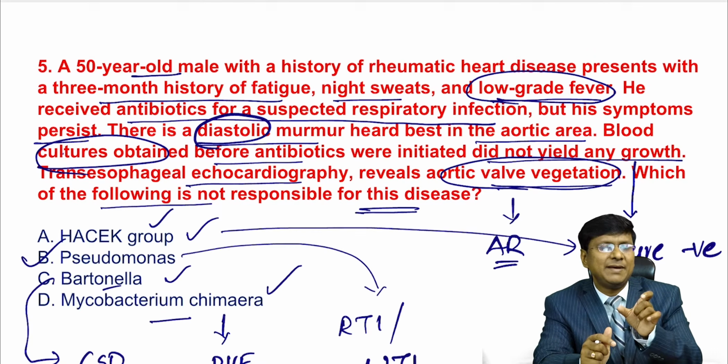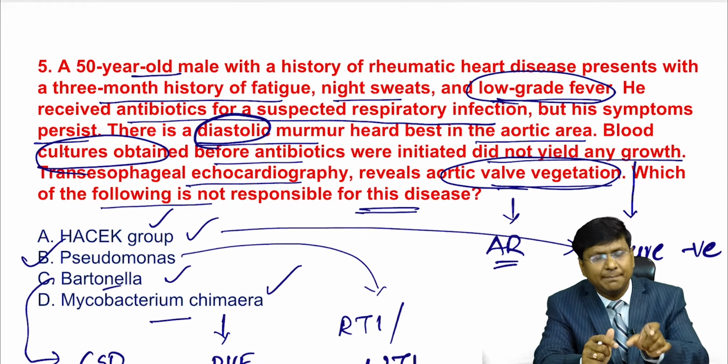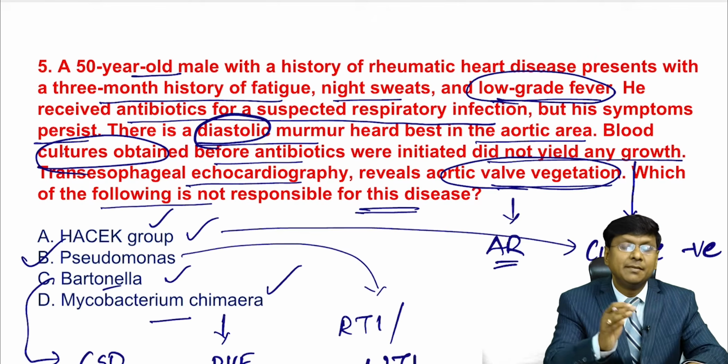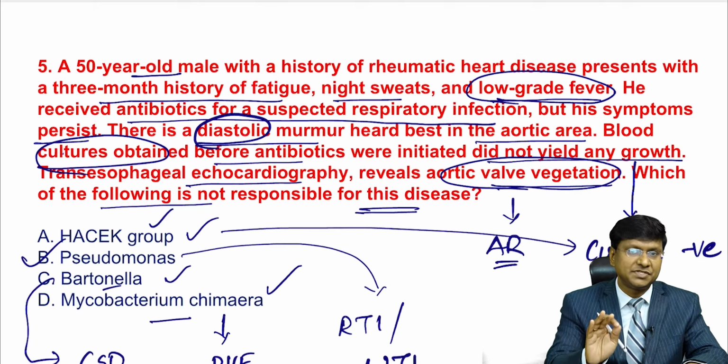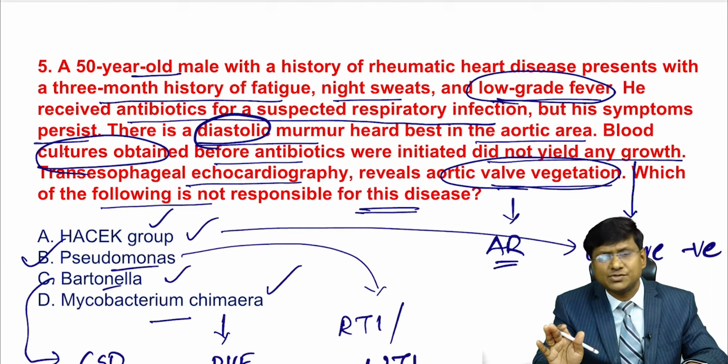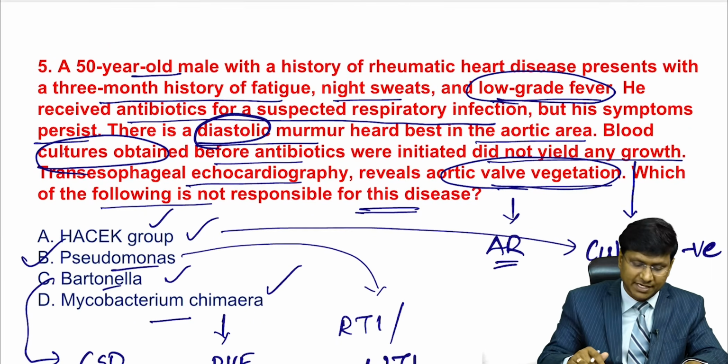Mycobacterium chimaera is rare compared to the other causative organisms, but still it can lead to culture negative results. But among the organisms which have been given to you, Pseudomonas is not associated with the development of infective endocarditis.